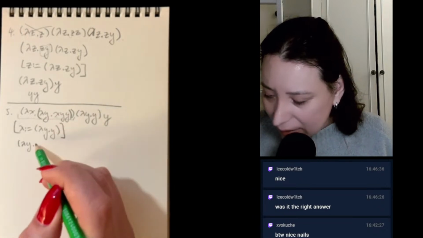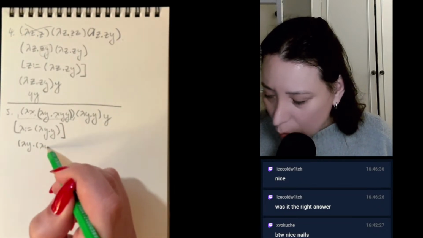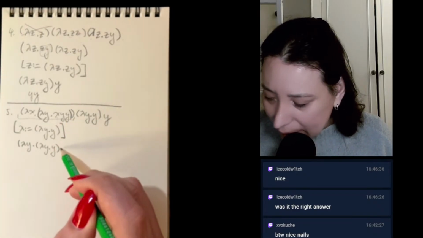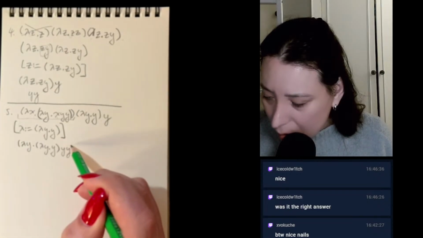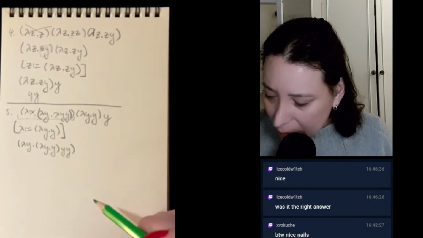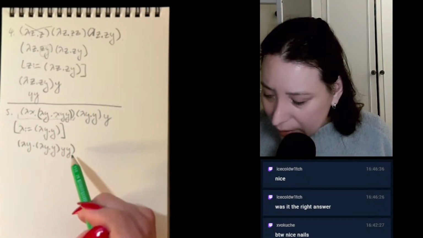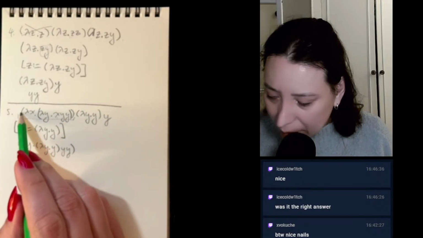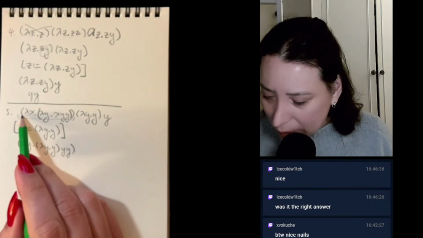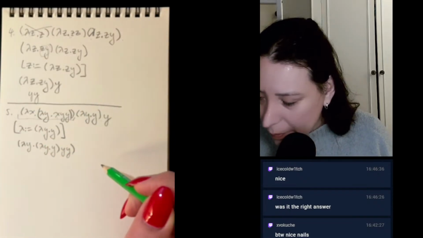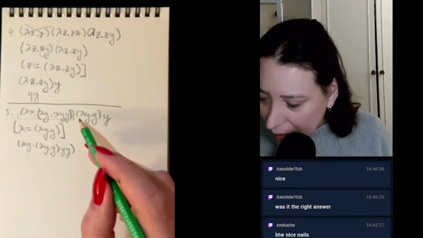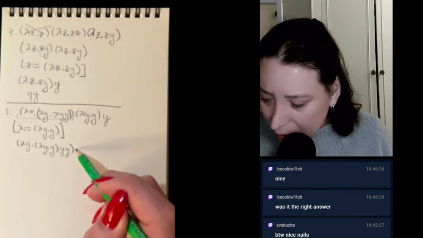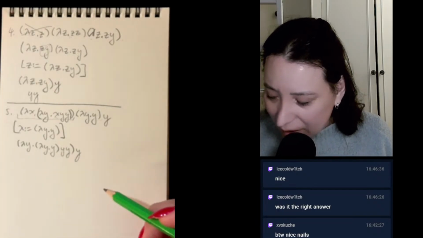And here's our first x. So we're going to do yy here. And then followed by two y's. We got rid of one parenthesis at the end here because we beta reduced once. So this outer one is gone. And we applied the function to this argument, so that's gone, and now we just have y. So there's a whole bunch of y's here.